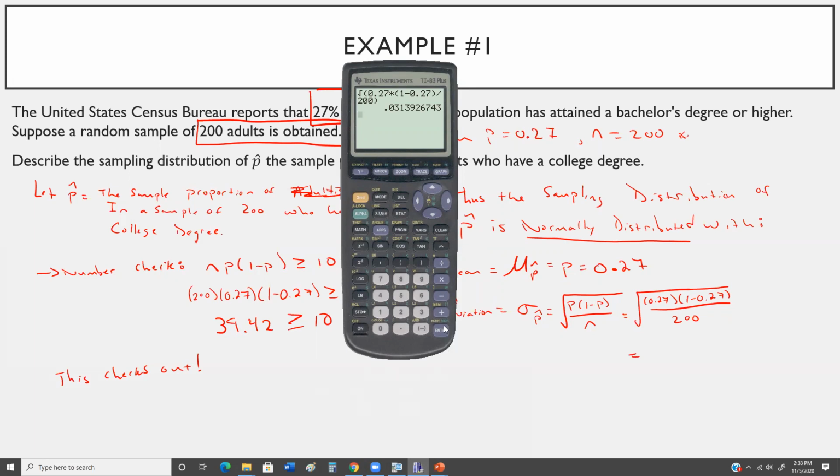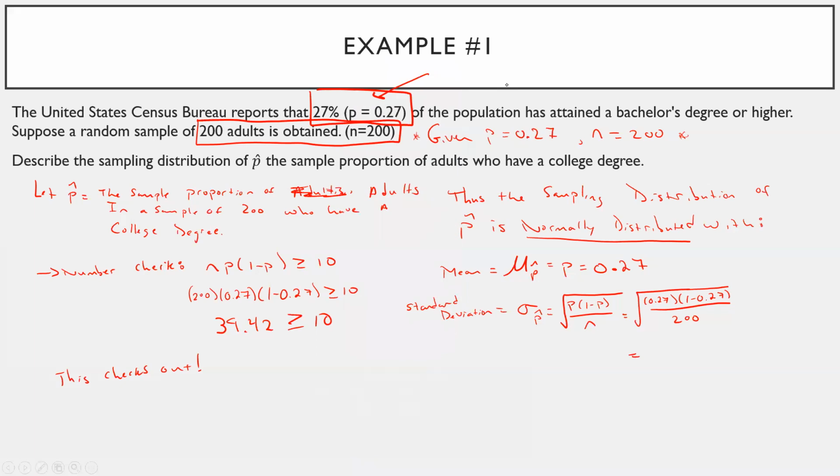The most common error I see with students is that they somehow calculate this wrong. So make sure that you practice this and it works out. So it's 0.0314 when I round it. Okay, so look, normally distributed, mean, standard deviation. I'm just going to ask you a probability question now.